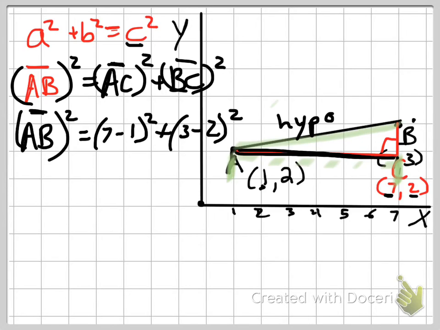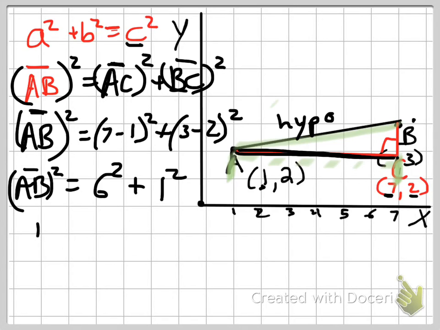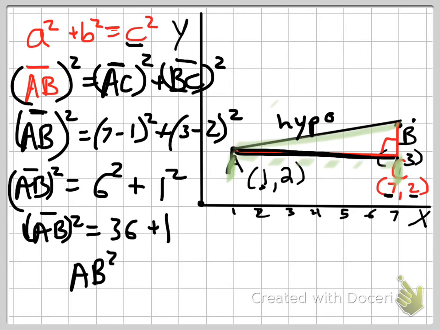So 3 minus 2 squared. So AB squared equals 7 minus 1 is 6 squared, plus 3 minus 2 is 1 squared. So AB squared equals 36 plus 1. So AB squared equals 37.